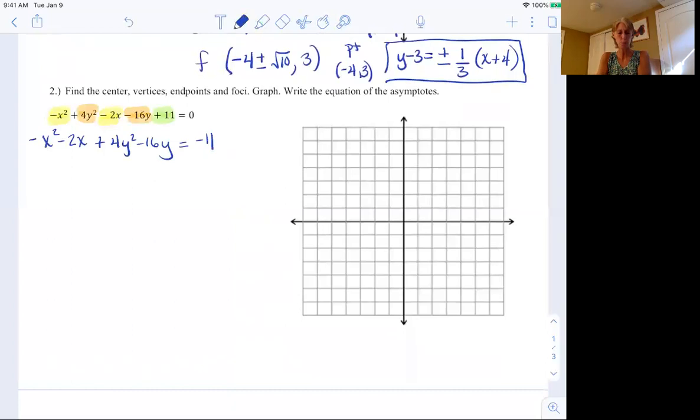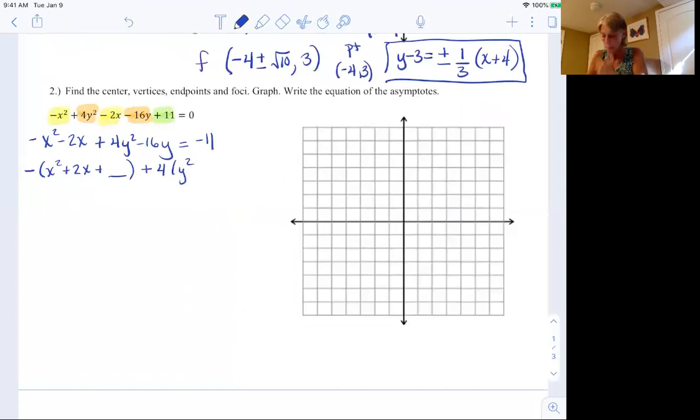Now I'm going to set up with my factoring and leaving a space to add a number. Since I have a negative sign in front of the x squared, I've got to factor that out. X squared plus 2x plus something. Since I have a 4 in front of the y squared, I have to factor that out.